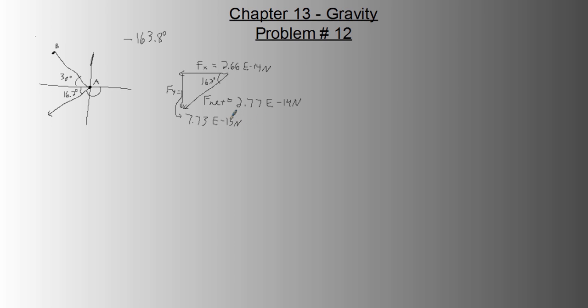So we got that. Now, here's the deal. Let's think a little bit about what the force due to C would have to do to get this net force. First off, B is pulling A over to the left and up.